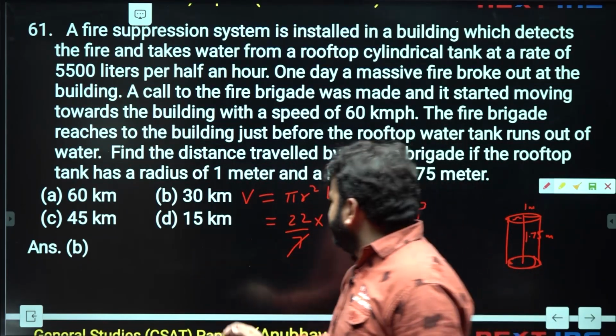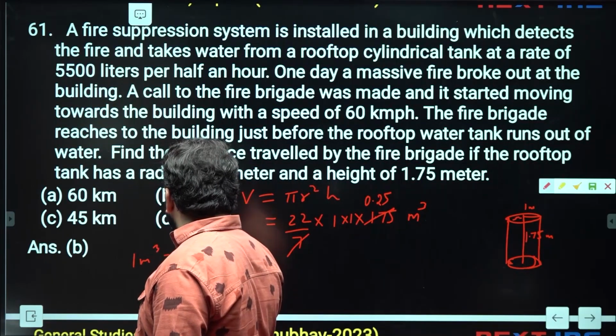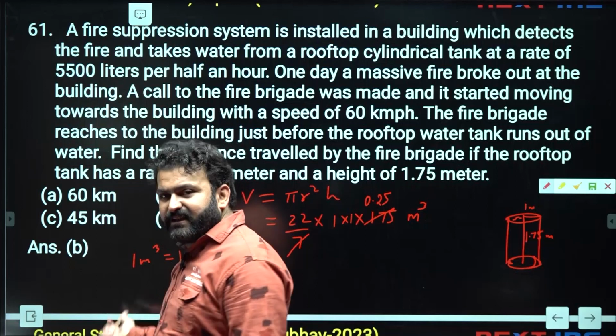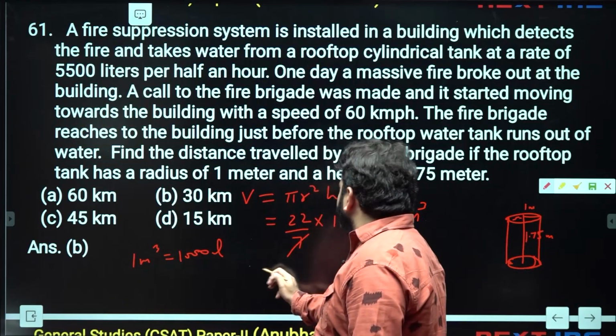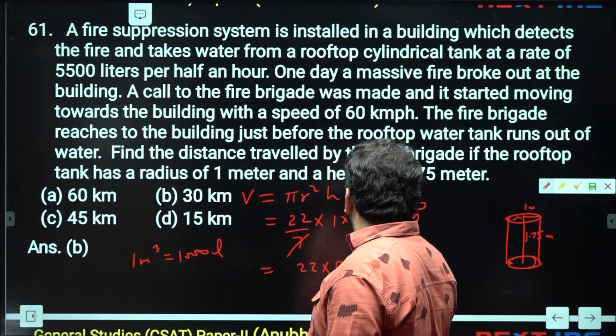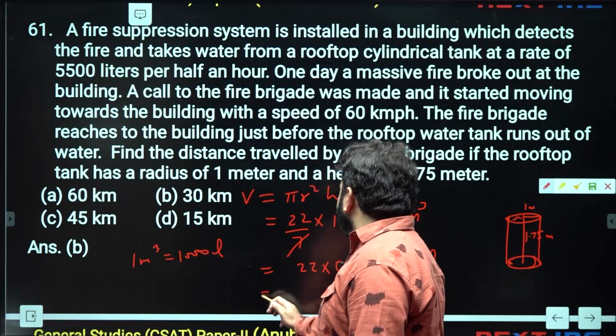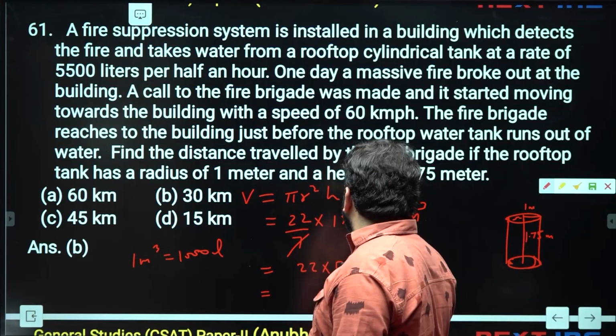And now all of you please remember 1 meter cube equals 1000 liter. हमेशा याद रखना, this thing you must know. So ये हो जाएगा 22 into 0.25 into 1000 लीटर. तो ये कितनी कैपेसिटी हो गई आपको टोटल.